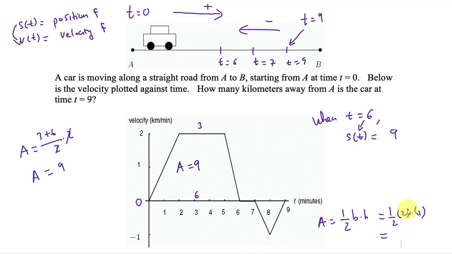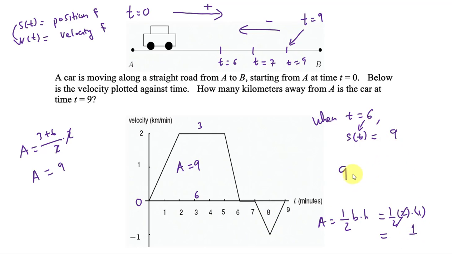So we get what? We get 1. The area is 1. However, this is below the x-axis, so you need to consider that this is a negative value when you take the integral. So 9 is the value from 6 right here, and then we are not moving anywhere, and then we have a negative value for the velocity, so it's moving backward, with 1 unit backward.